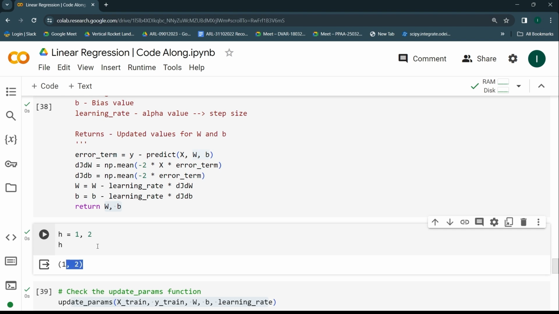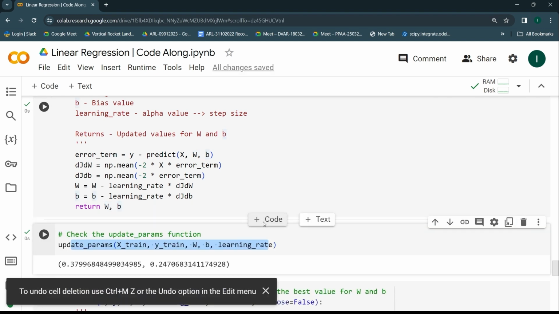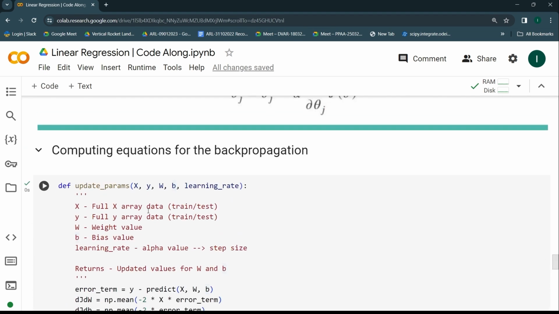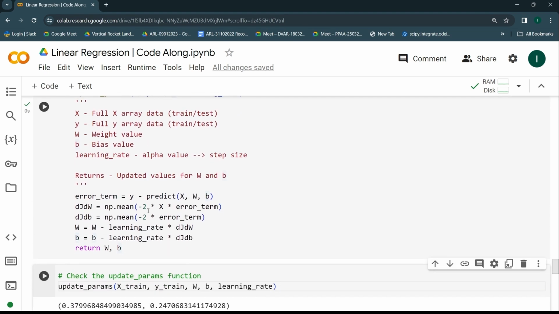It's a tuple indeed, right? So yeah, because of that reason, you got the output in the format of a tuple. And you can also save this like this, W dummy and B dummy, and then you can print it out individually if you like. But I guess I am satisfied with this output that I've got. And yes, guys, that's how the update parameters is working fine for me.